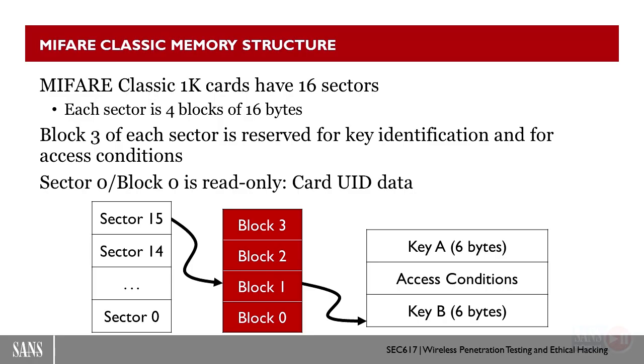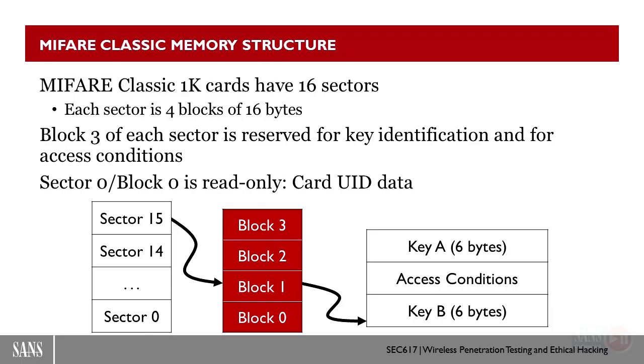Taking a look at the data as stored in the card in the memory, the MIFARE 1K has 16 sectors, and each one of those 16 sectors has 4 blocks of 16 bytes. Block 3 of each one of those sectors is for storing key material for that sector and access control conditions, whether or not we're allowed to read them.